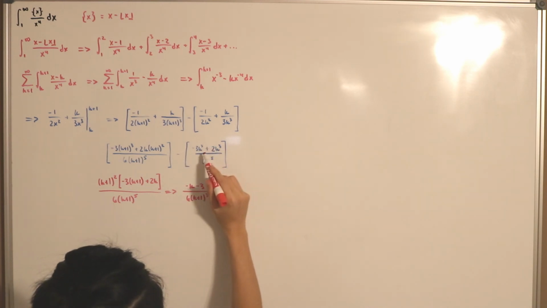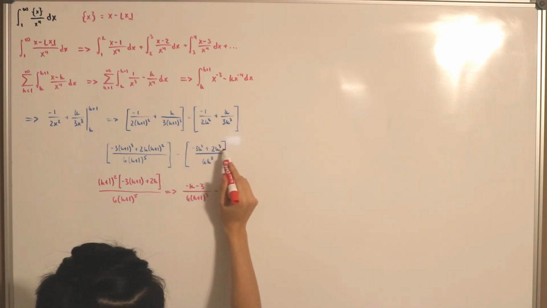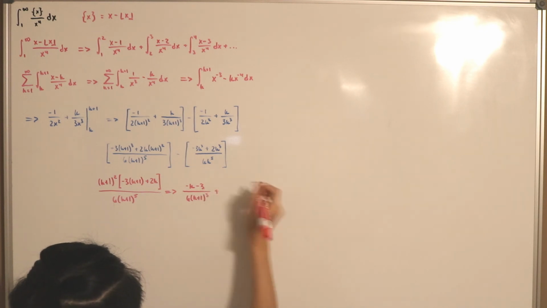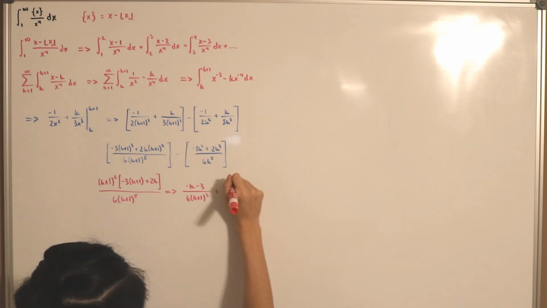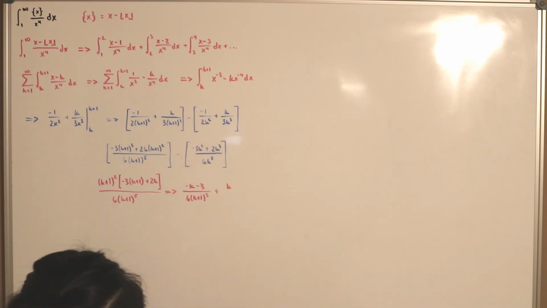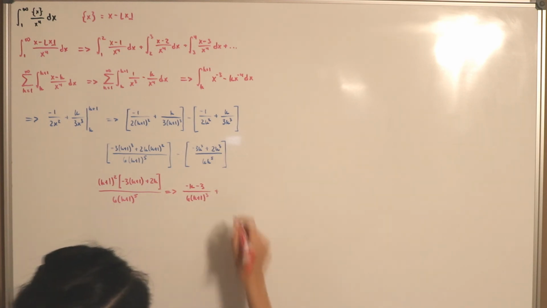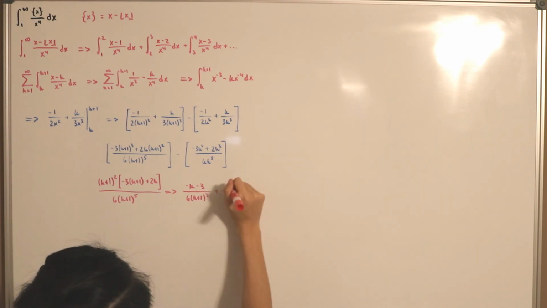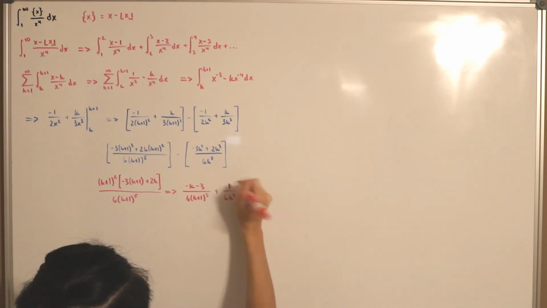So we have negative 3k cubed plus 2k cubed, which is negative k cubed. And then when you distribute the negative, it becomes positive. So I'm going to change this sign to a positive, and this will be k cubed, and the k cubed will cancel out, so this will be 6k squared in the bottom.